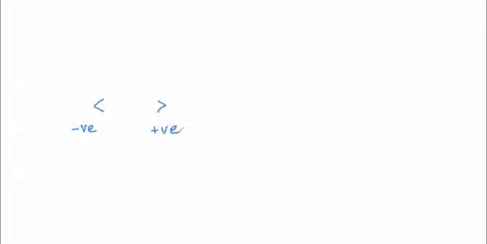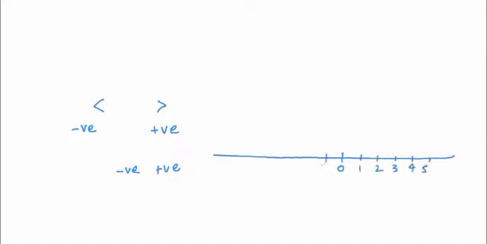Now we want an integer which is smaller than one integer and greater than the other. That obviously means that we want one negative and one positive. Any of the numbers, but one number should be negative and one should be positive. So let's take an example. The number line is a great tool to explain these patterns. So let's take one negative number.